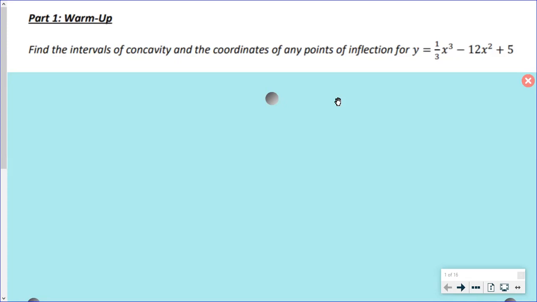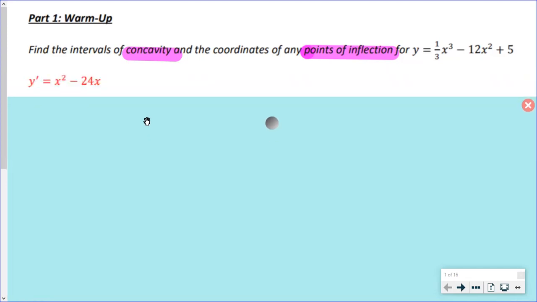Okay, so first question is asking us to find intervals of concavity as well as the coordinates of any points of inflection. So right away, because I know that concavity and points of inflection are related to my second derivative test, I'm going to take the original function and go straight to calculating my second derivative.